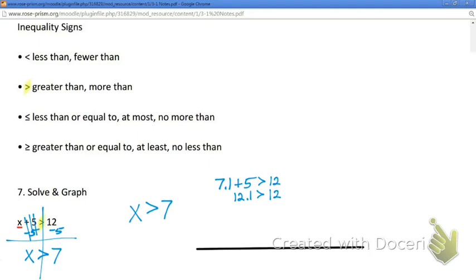So we're going to graph this now, and when you graph it, I want you to graph everything that makes this true. So on your graph, I want you to draw a number line. I want you to use at the very least 5 points. In this case, I'm going to use probably more than 5. And you want to start somewhere close to the number that you've got. So since I got 7 as my answer, greater than 7, I'm going to start in here somewhere with 7. So I'm going to do 7 right here.